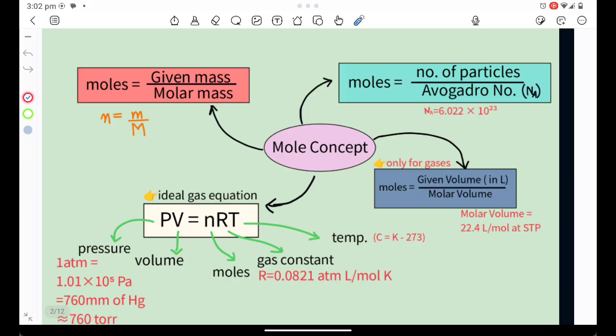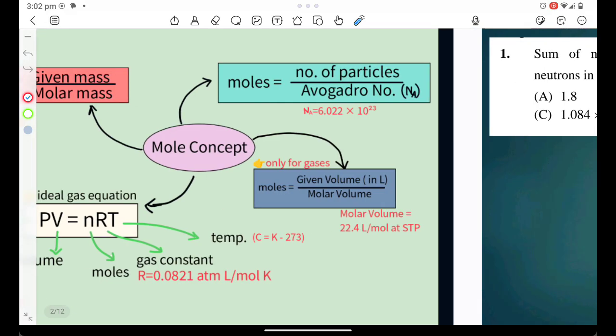So 1 mole of any gas occupies 22.4 liters at STP. This is fixed. So when you have to calculate moles and the volume is given in liter, you divide the given volume by 22.4 liter to get your answer in number of moles.